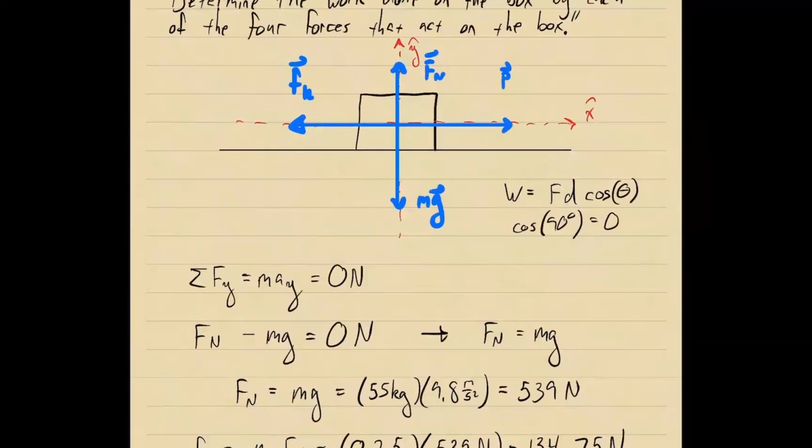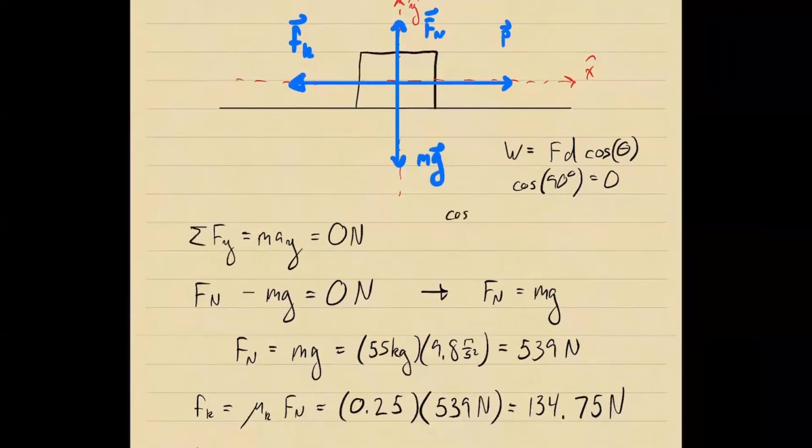And additionally, we know that the angle between our displacement vector, which points to the right, and our weight is either 270 degrees going counterclockwise around. Right, this whole angle here is 270, or we can do minus 90, whichever one fits our fancy. But both cosine 270 degrees and cosine negative 90 degrees are also 0.